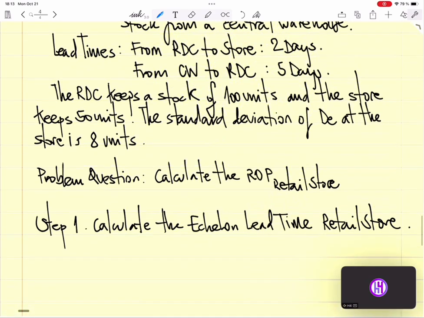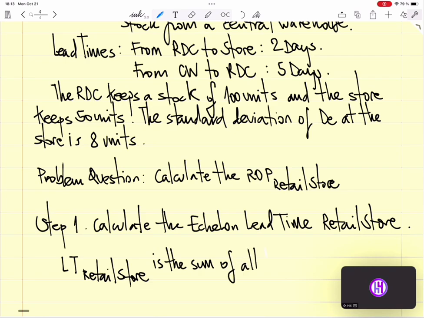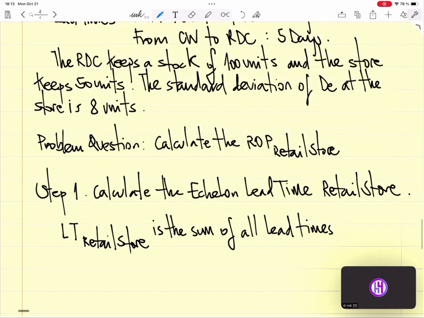So the lead time for the retail store is the sum of all lead times from both the RDC and the central warehouse.